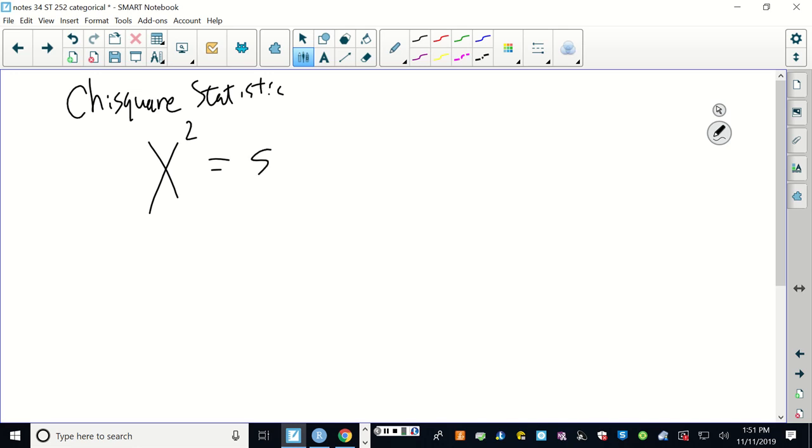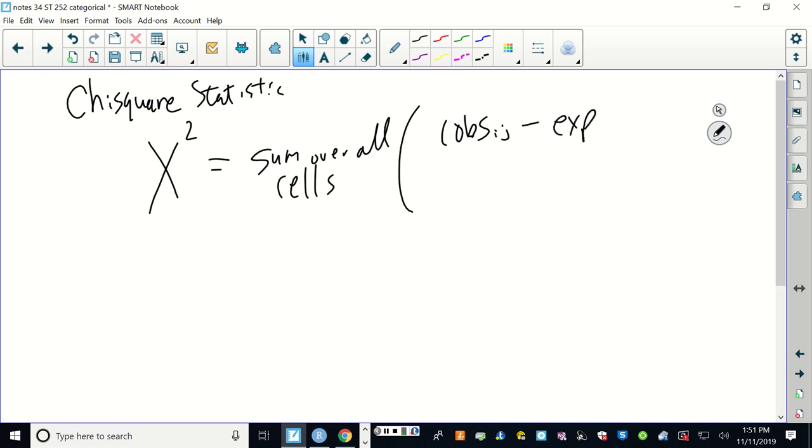And we're going to do a sum over all of the cells in the table of the observed count in a cell minus an expected count in the cell, right? And we're going to square all those and divide by the expected count, kind of standardize them.